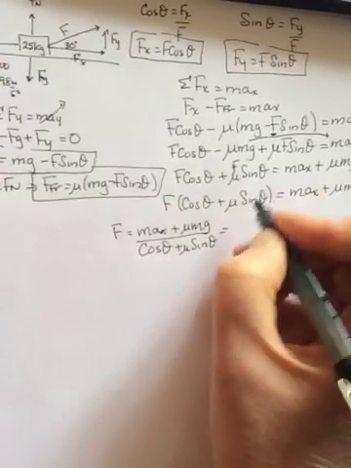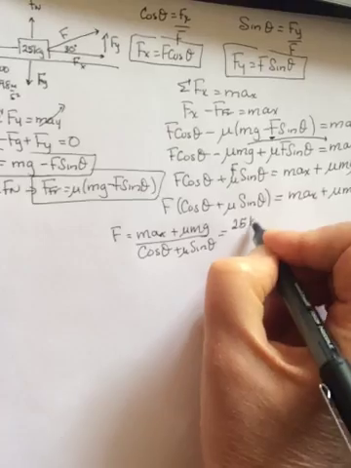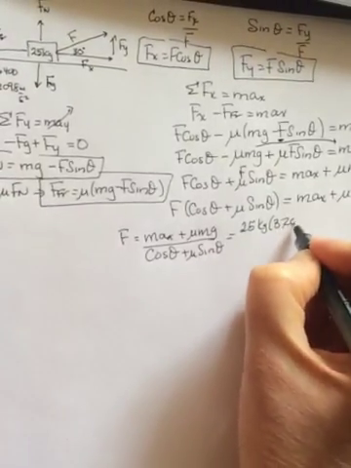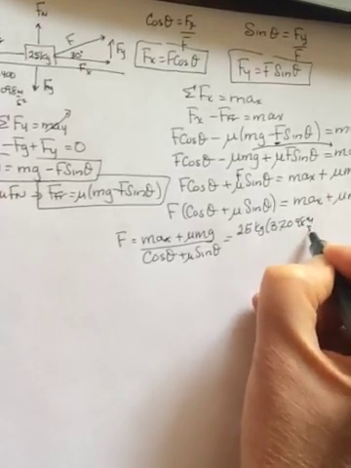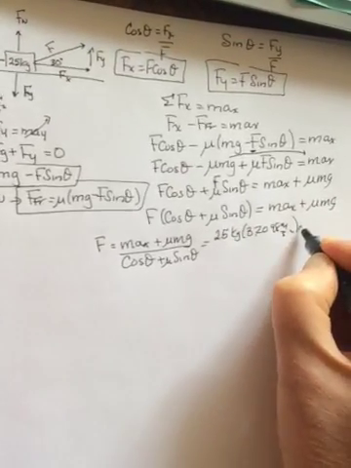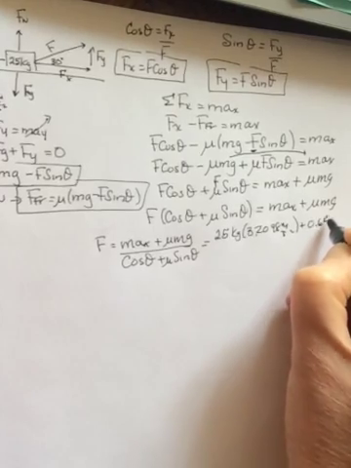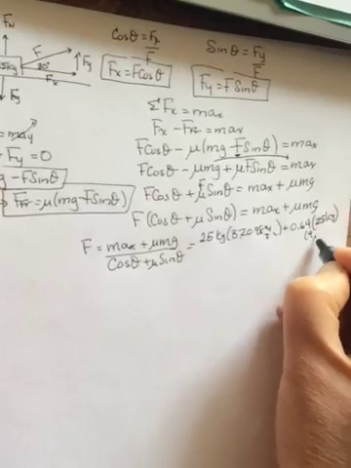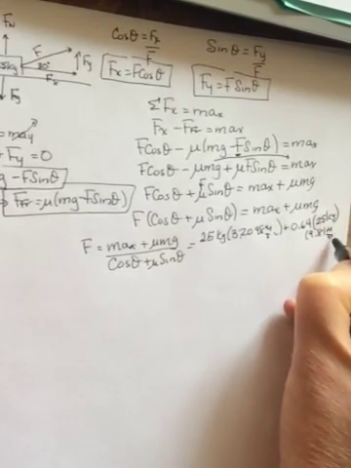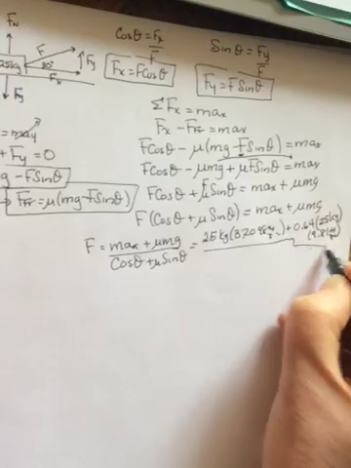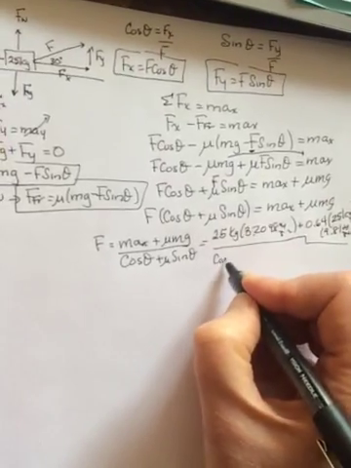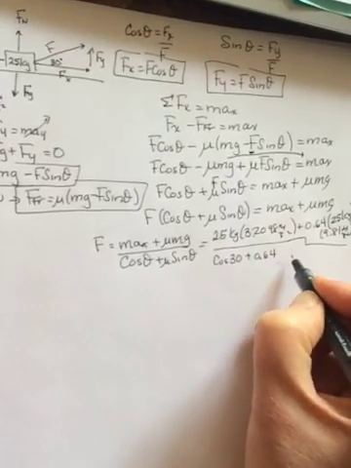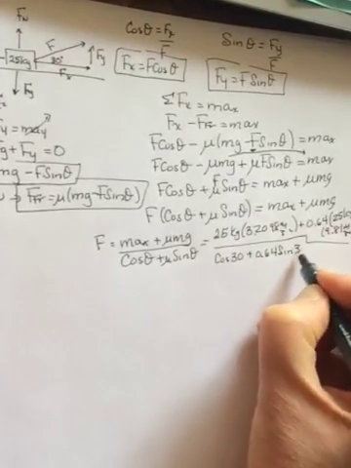And now fill in your numbers. So 25 kilograms times 3.2098 meters per second squared plus 0.64 times 25 kilograms times 9.81 meters per second squared, and that's going to get divided by the cos of 30 plus 0.64 times the sine of 30.